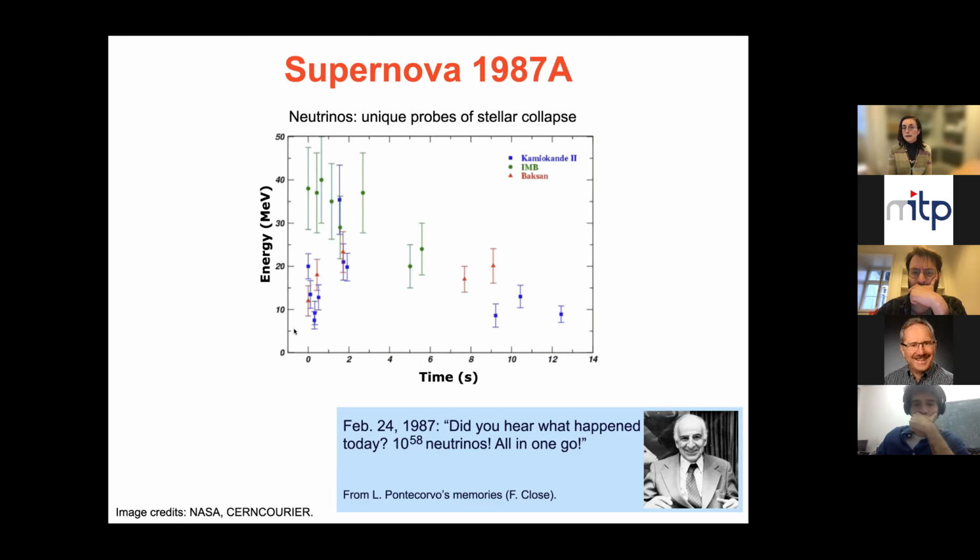Despite the very sparse statistics, it has been essential to have some indications about the energetics, but also to place a lot of bounds on standard physics. In fact, most of the bounds that we have from supernovae concerning the non-standard interactions are still based on this supernova.